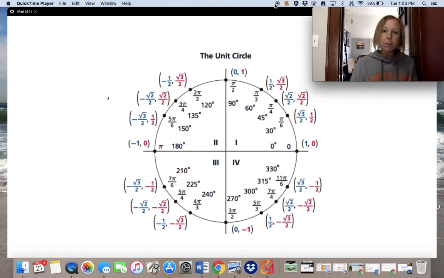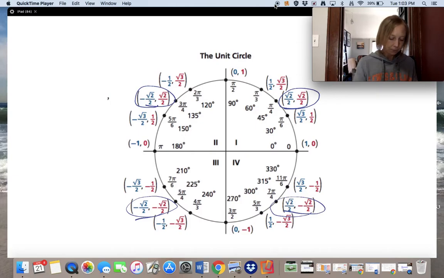Let's look for some patterns in here. So first thing I'm noticing is these 45s. We always have that square root of 2 over 2. Okay, so that means when we have the tangent of those different angle measurements, we'll always have a tangent that's equal to 1 or negative 1.